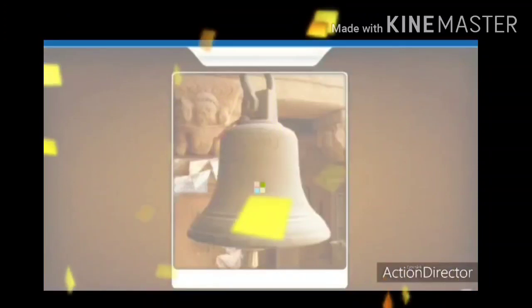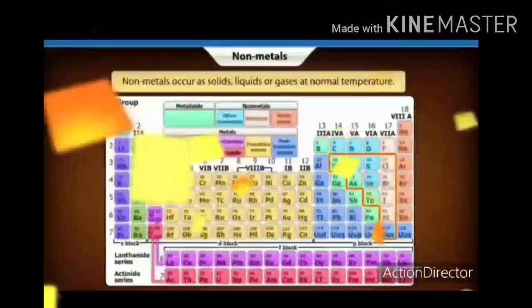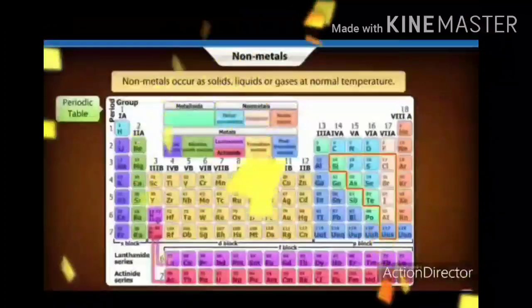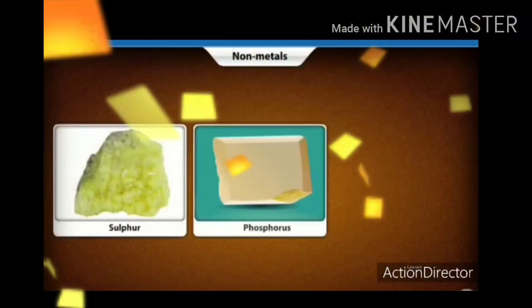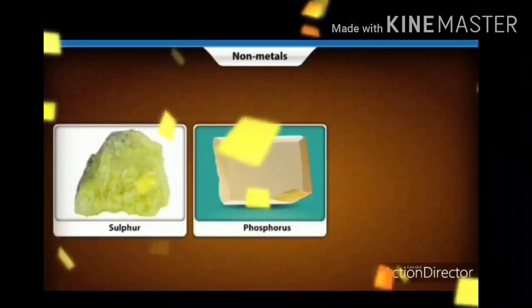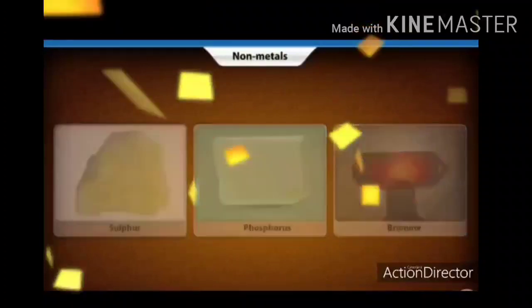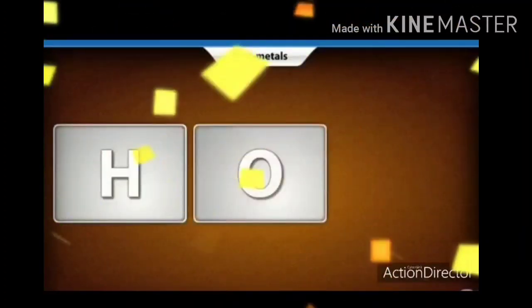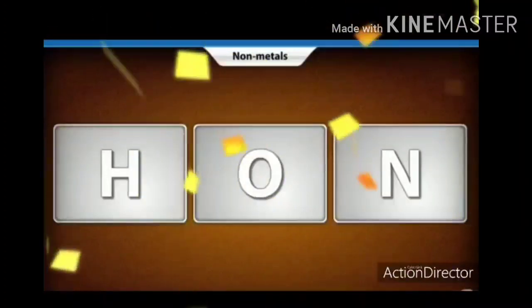Now, when we look at the periodic table, we see non-metals, which occur as solids, liquids or gases at normal temperature. Sulfur and phosphorus are solids, whereas bromine is a liquid at room temperature. However, hydrogen, oxygen, nitrogen are gases.